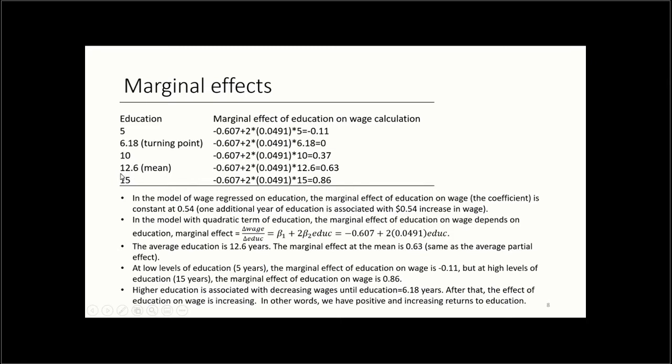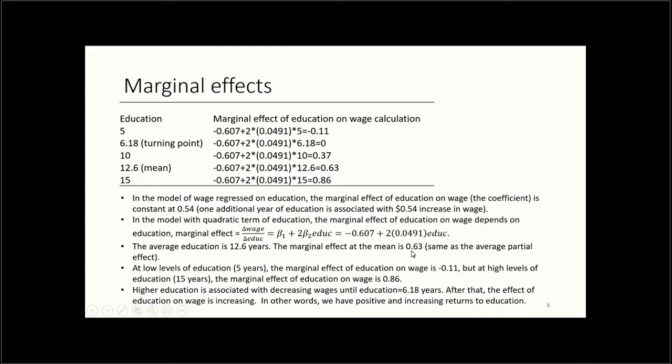This is the mean education, or the average education of the people in the sample. And here we have 0.63, and then at 15 years of education, 0.86. So the marginal effect at the mean again is 0.63, and that's the same as the average partial effect.